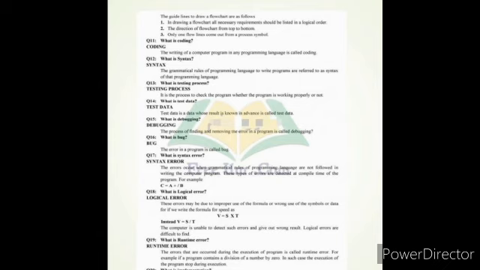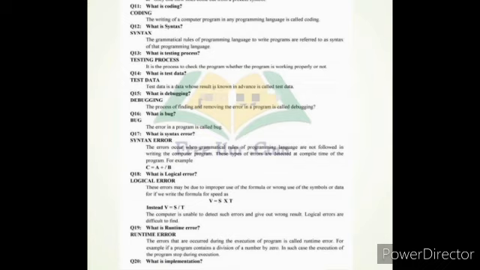Question number 17 is what is syntax error? Question number 17 is what is logical error? And question number 18 is what is runtime error? And question number 20 is what is implementation?